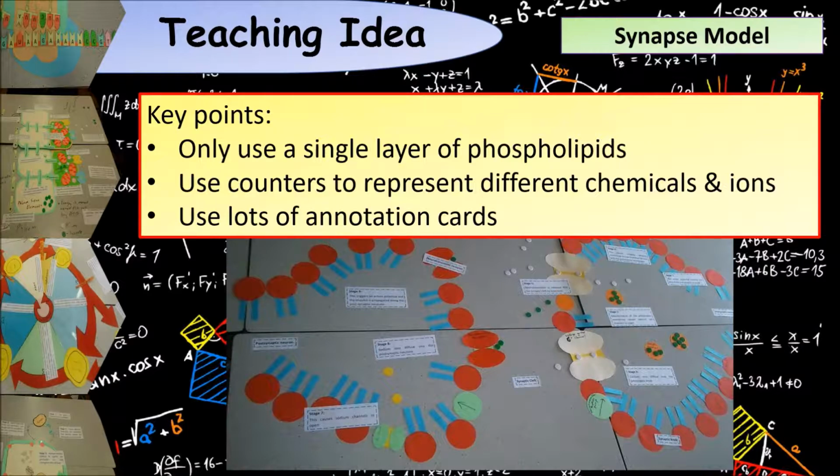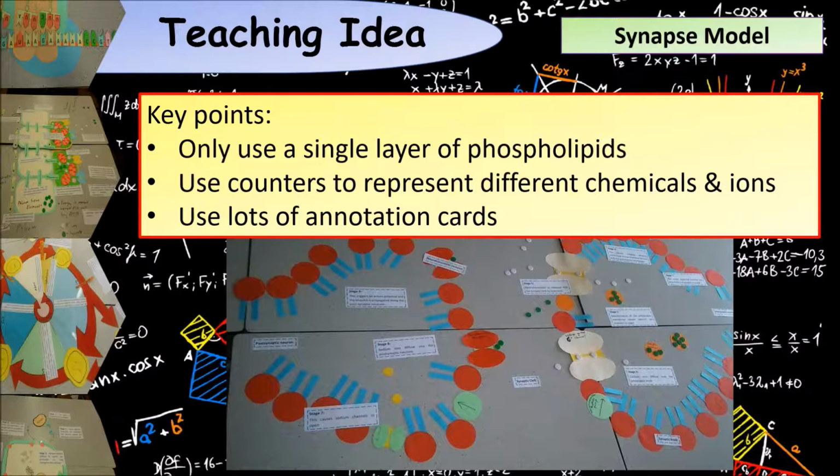Some key things to remember before doing this: hopefully you'll already have a pack full of phospholipids made up. Instead of using the proper bilayer, just do a single layer of phospholipids, or else your model becomes too unwieldy, too big, and takes too long to put together.